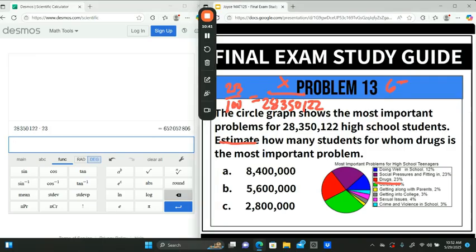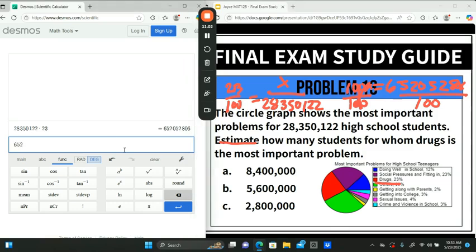So 652,052,806 equals 100x. Then I need to divide by 100 on both sides. This will cancel, and I can use Desmos to type in 652,052,806 divided by 100. That gives me that number right there.